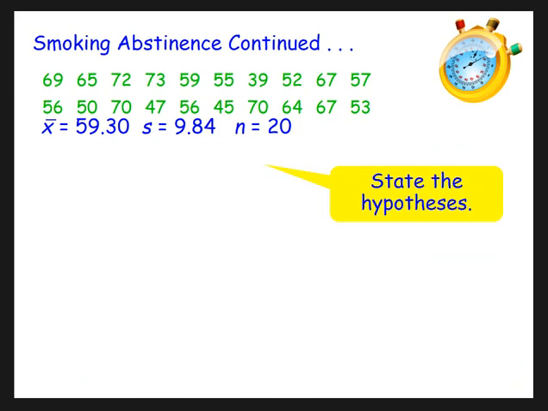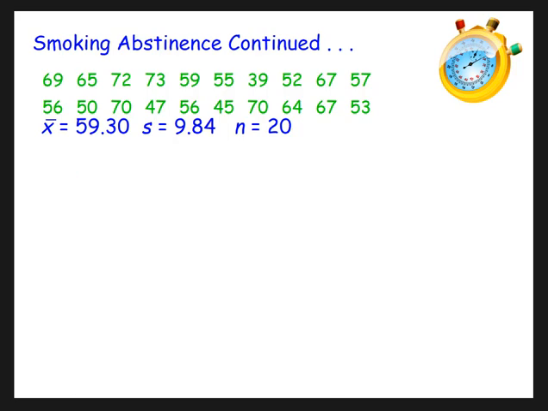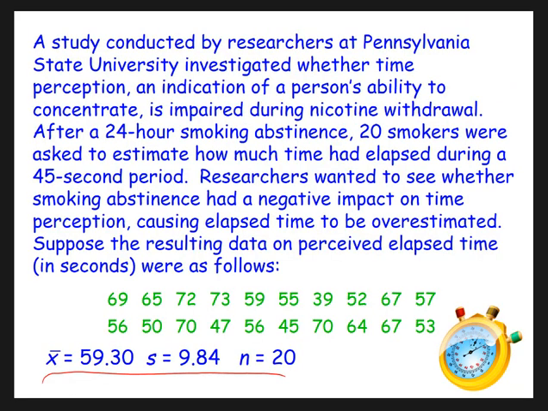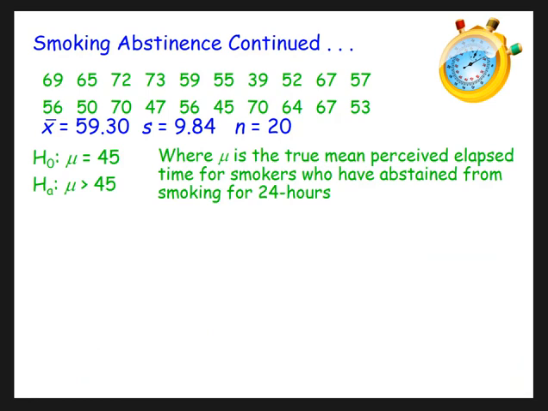State the hypotheses. The null hypothesis is that the mean was equal to 45. They said, if you recall back here, that the abstinence had a negative impact on time, causing them to overestimate the time. So the alternative is that the mean is greater than 45.